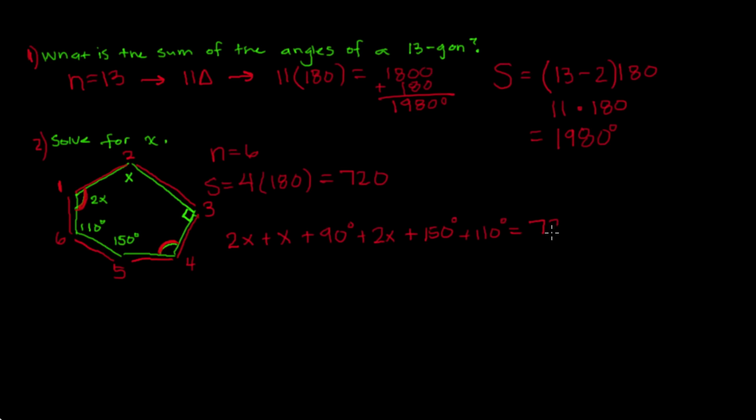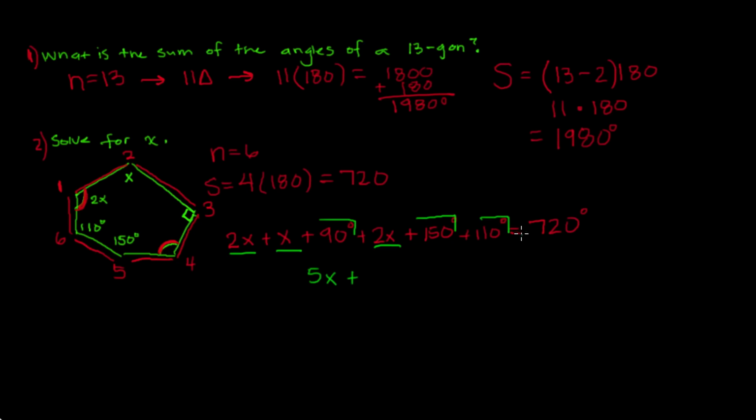So my job now, after I set that up, is to solve it. I'm going to go ahead and collect like terms. I'm going to take this one, this one, and this one and combine them. That's going to be a total of 5x plus. And then I'll add this one to this one to this one.